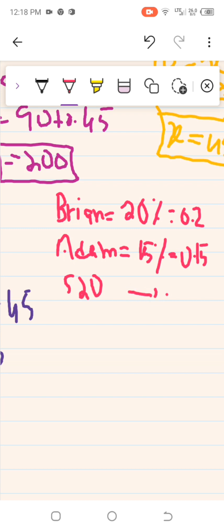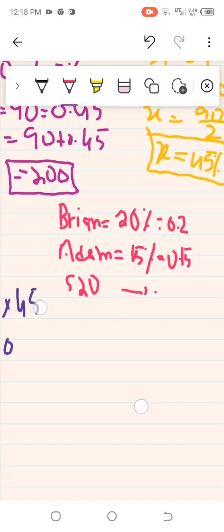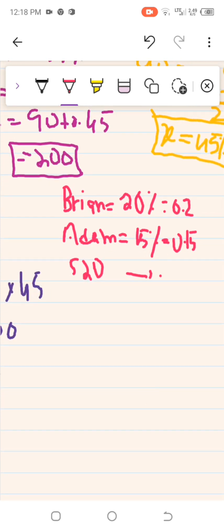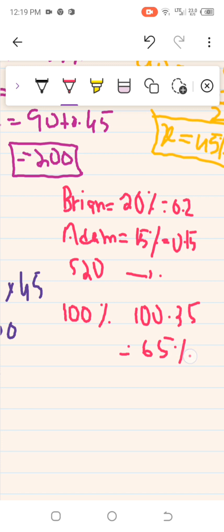So let's do this. First of all, Berin had 100 total cards, as Berin has 100% of the cards, all of them. अगर Berin के पास total 100 हैं. After he gave 35 of them, अगर उसने 35 दे दिए, that means he had 100 minus 35. The remaining will be 65%, cards still remaining.